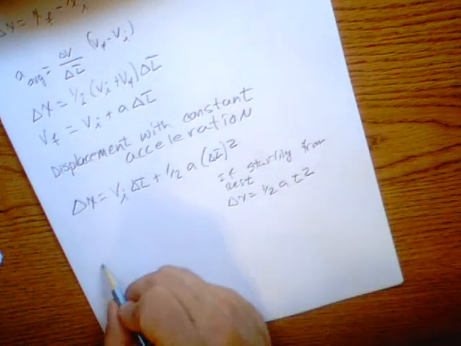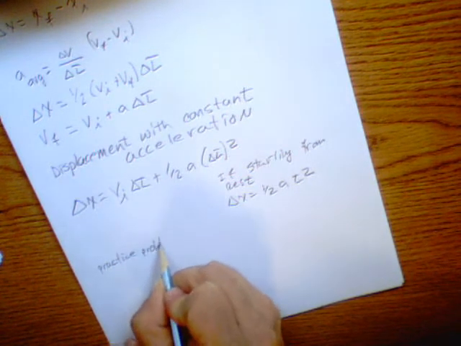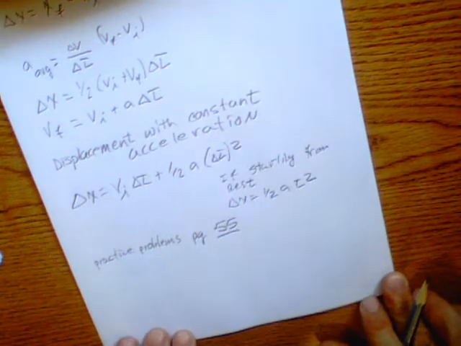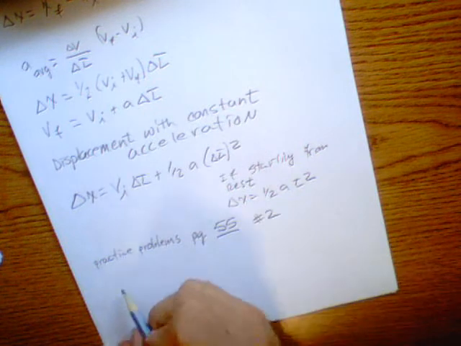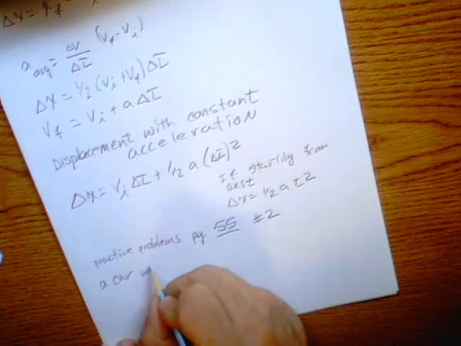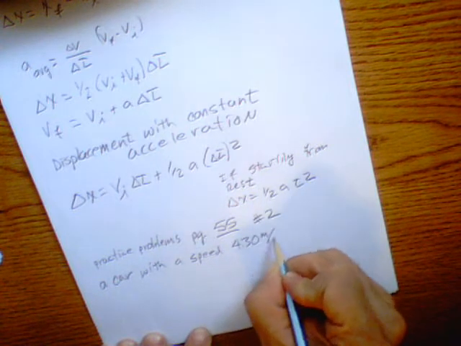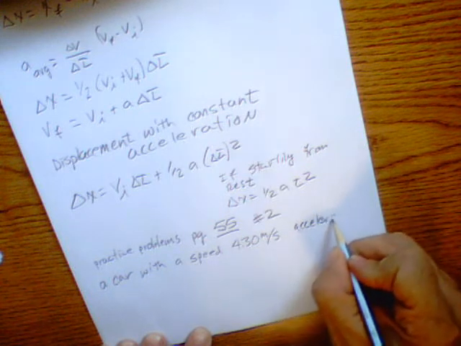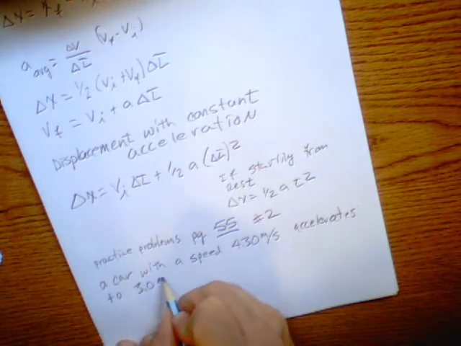Now, if you turn to page 55, there's some practice problems. Practice problems on page 55. Let's take a peek at number 2. A car, I'm not going to write the entire practice problem summarizing it. A car with a speed 4.30 meters per second accelerates at 3.0 meters per second squared.